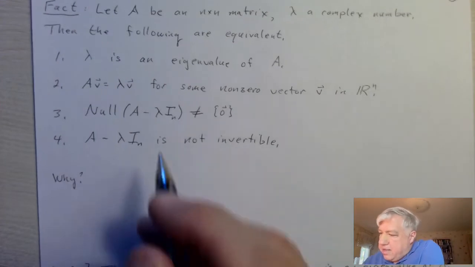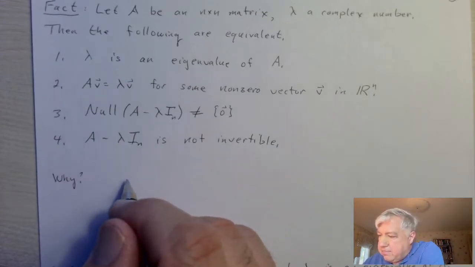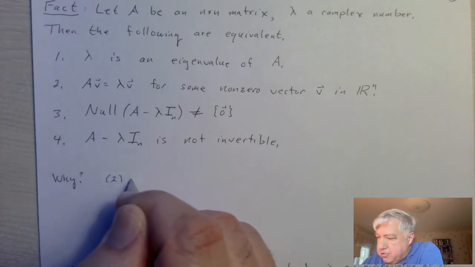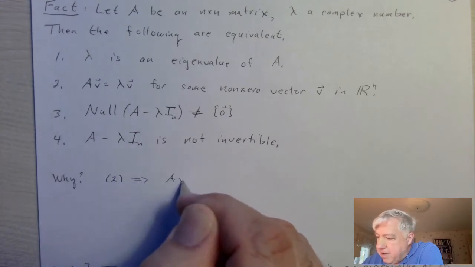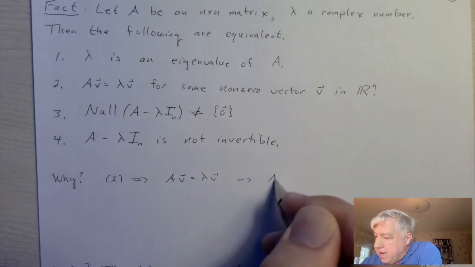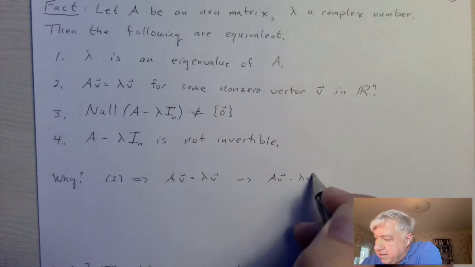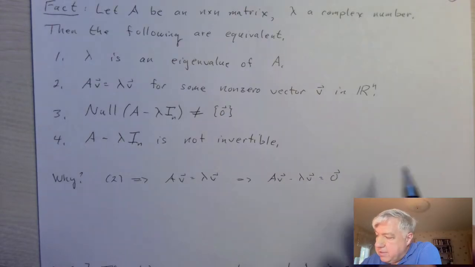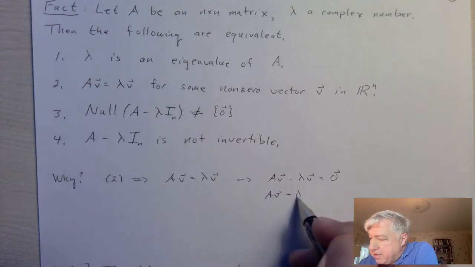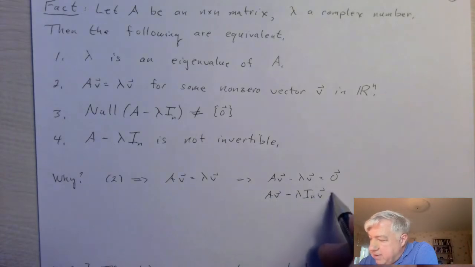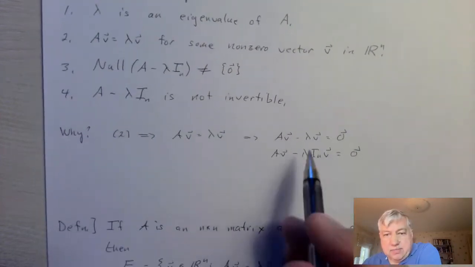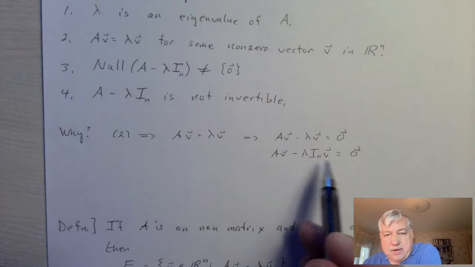To show that 2 implies 3: 2 means that Av equals lambda v. That means Av minus lambda v is 0. This means Av minus lambda I_n v is 0, because lambda is just a constant and v and I v are the same thing.